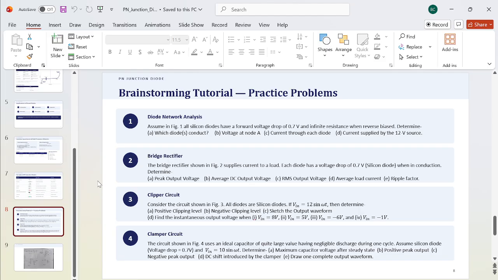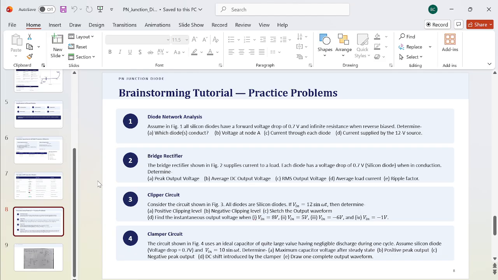Secondly, it has very low resistance under forward bias and very high resistance under reverse bias, and thirdly, it shows capacitance properties. Transition region capacitance or depletion region capacitance dominates under reverse bias, whereas diffusion capacitance dominates under forward bias.